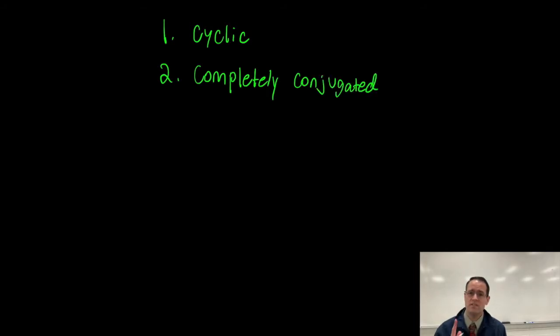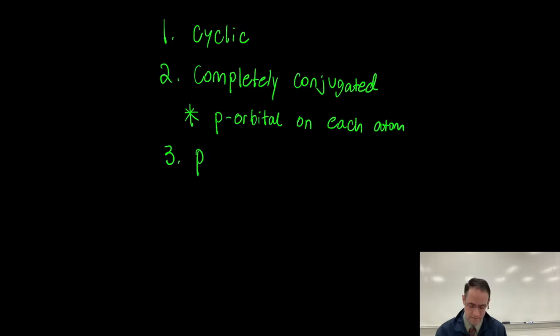And we'll go into this in more detail in a bit, but you have to have a p orbital on every single atom of the ring, of the cyclic system. The third criteria is that it needs to be planar. It needs to be flat, right? Okay? And these are Huckel's criteria, okay?